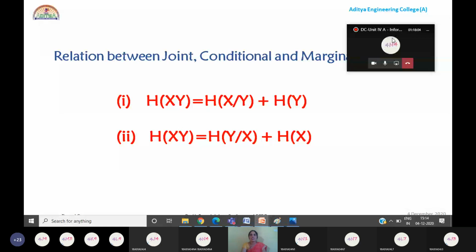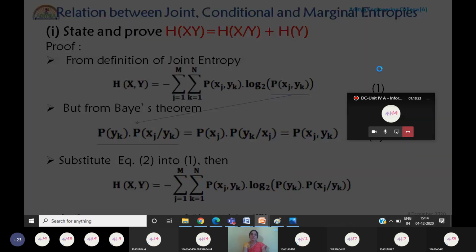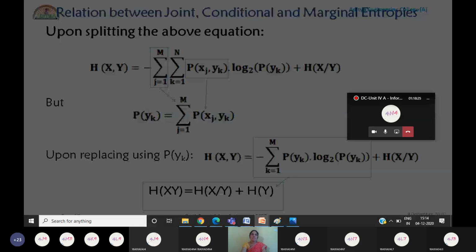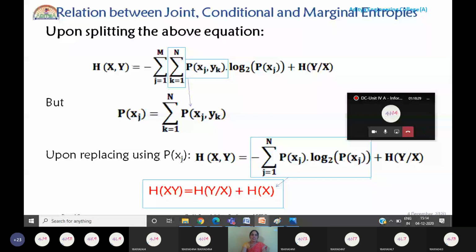These two relations give you the information about the joint entropy, two kinds of conditional entropies and two kinds of marginal entropies. Next, let us move to the new concept, namely mutual information. So for exams, those two bits are very very important.